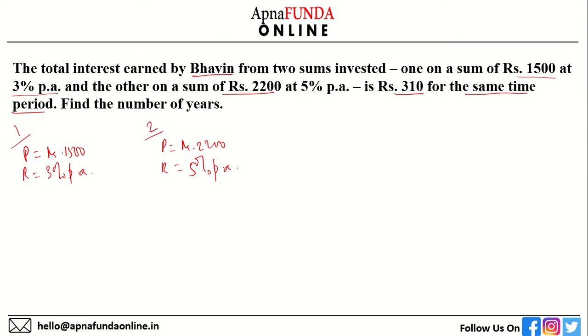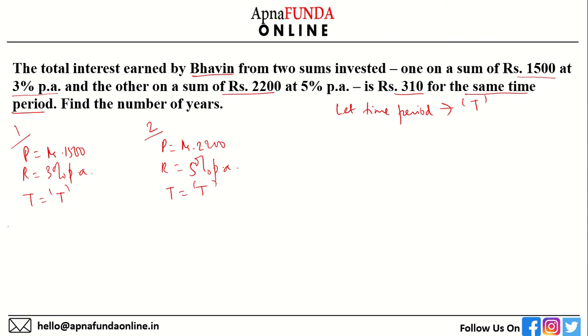So let us assume the time period to be equal to t. So time period in this case will be t years. In this case as well, it will be t years. Correct? So let's calculate the simple interest on both these sums from what is given to us and then proceed.